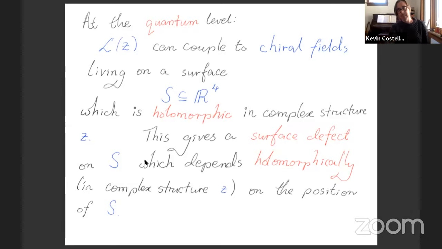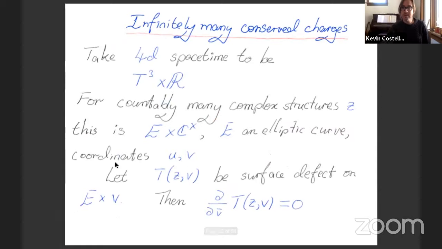Sorry, I take that back. The surface defect depends holomorphically on the position of S. So let's write that out in more coordinates, and we'll see that this will lead to having an infinite number of conserved charges.